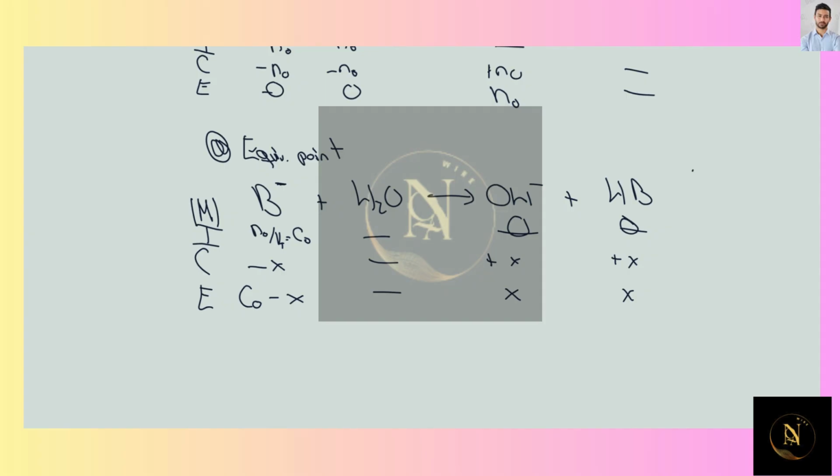This reaction corresponds to the value for Kb, and remember that the product of Ka times Kb needs to be equal to 10 to the minus 14. So Kb would be 10 to the minus 14 divided by the value for Ka, which we said was 6.3 times 10 to the minus 5.